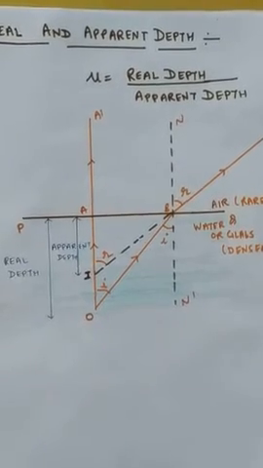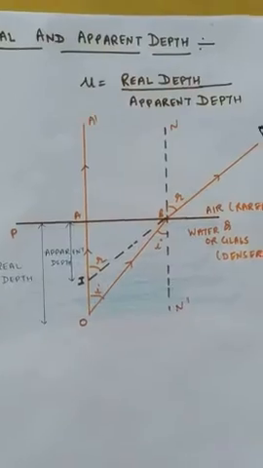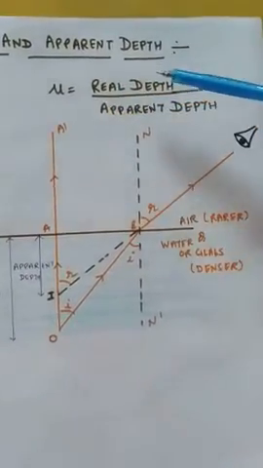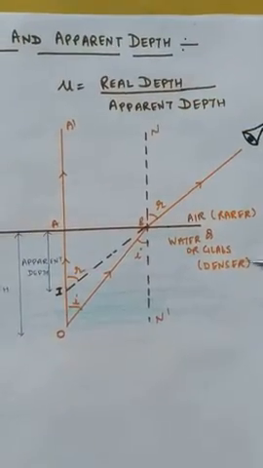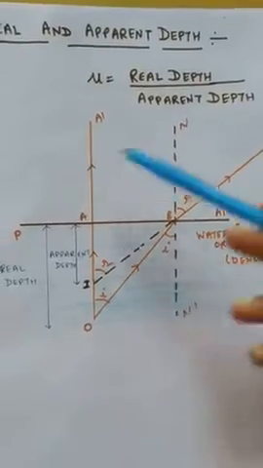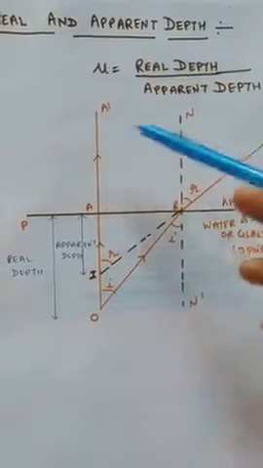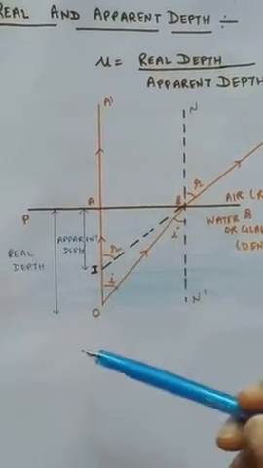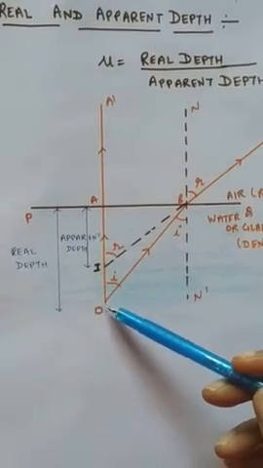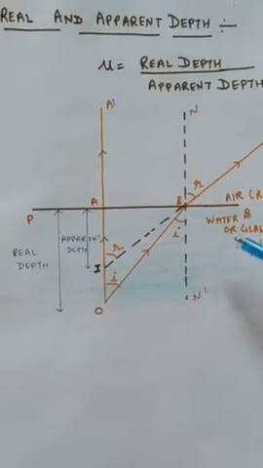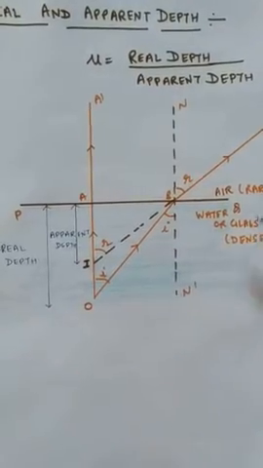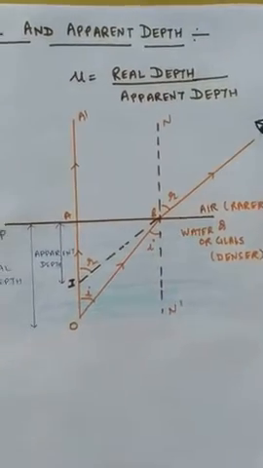Clear? So we will also derive this relation mu is equal to real depth by apparent depth, and as you can see, this is the ray diagram to understand the real and apparent depth and to derive this relation. In the diagram, O is the object which is placed in a denser medium like water or glass and viewed from a rarer medium.